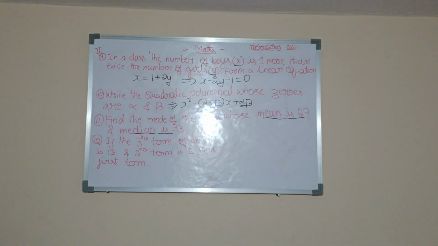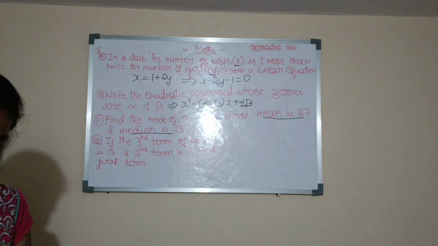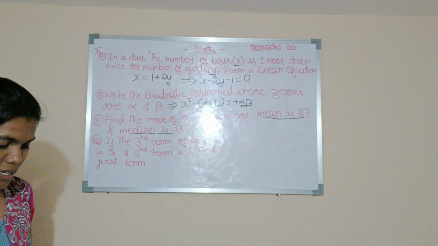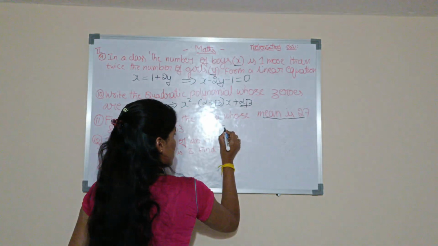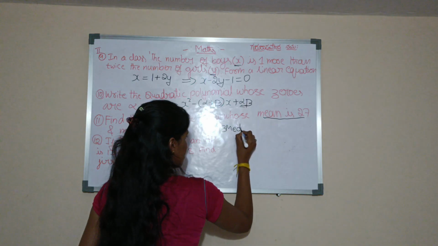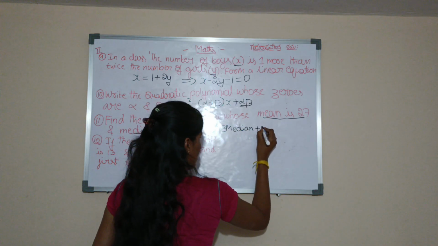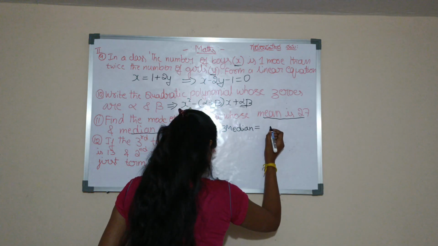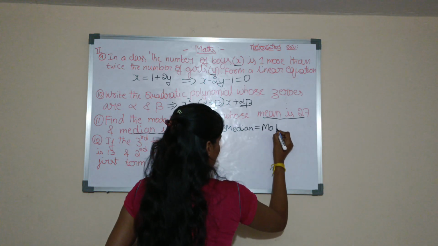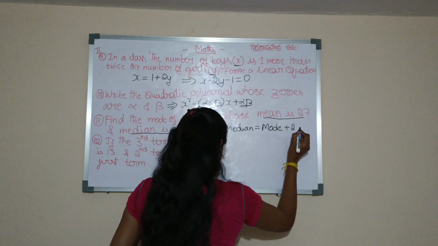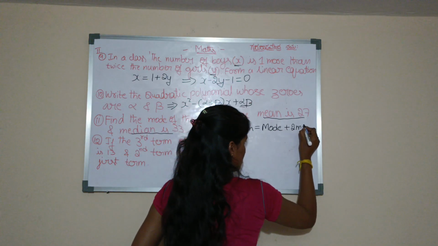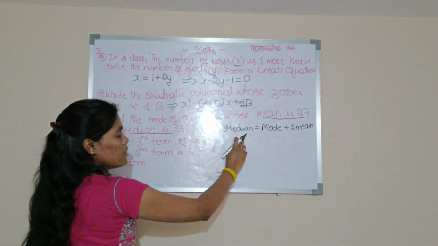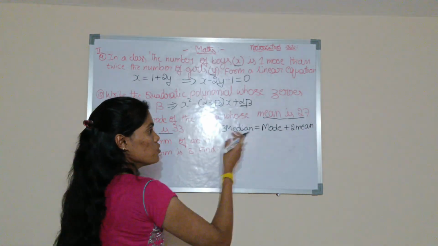We have one relation between mean, mode and median, that is 3 median equal to mode plus 2 mean. This relation will be most important, that is 3 median is equal to mode plus 2 mean.